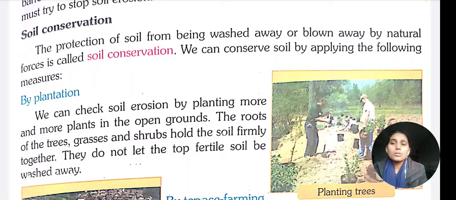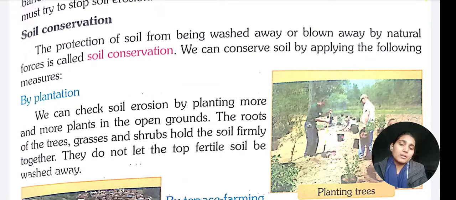Okay, so the roots of the plant or trees or grasses or shrub, they hold the soil, they bind the soil together, and that's why the topmost layer of the soil is not disturbed, is not harmed. They do not let the top fertile soil be washed away.